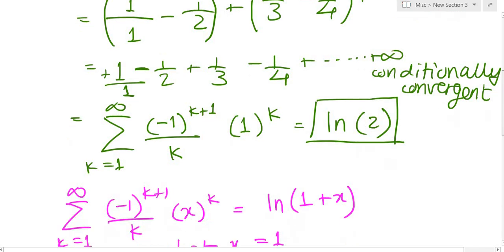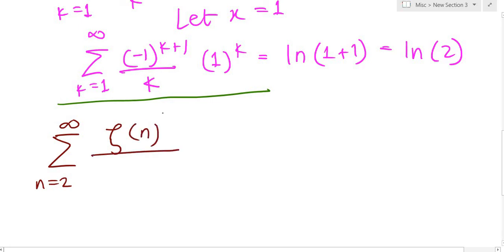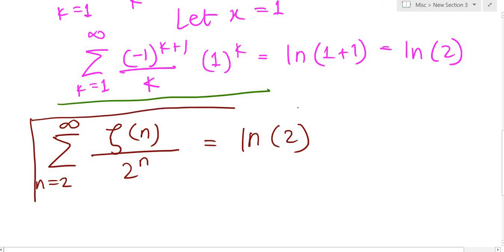So let me officially write down what the solution is. We had the sum from n equals 2 to infinity of the Riemann zeta of n divided by 2 to the nth power. And what does that result in? The natural log of 2. I mean, who would have guessed this? It's just fascinating.